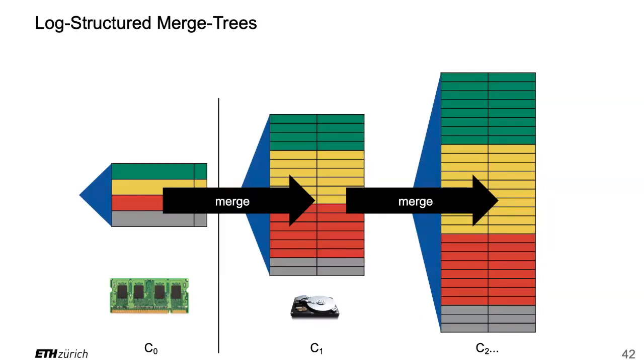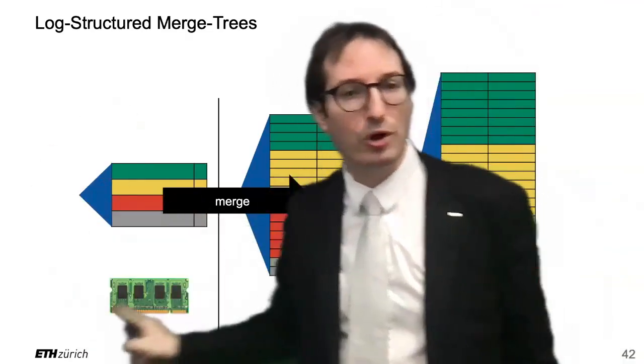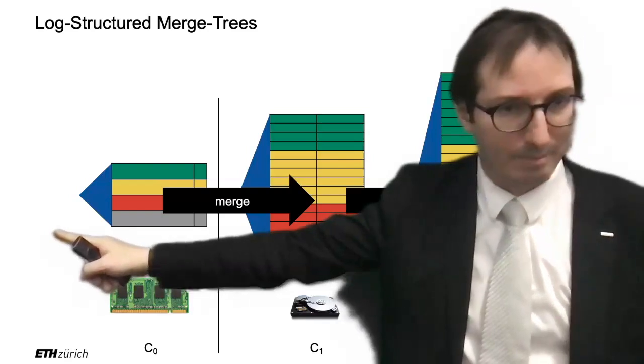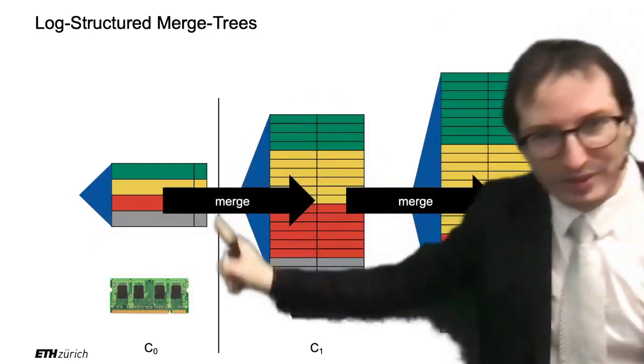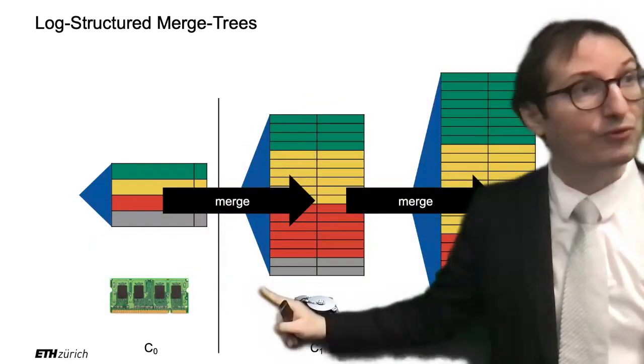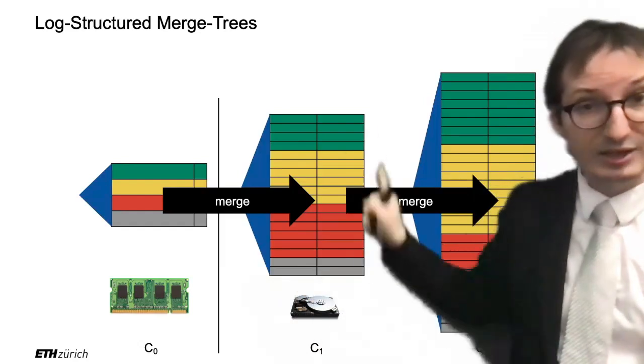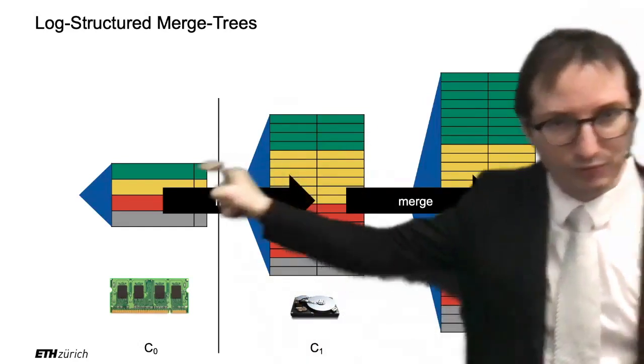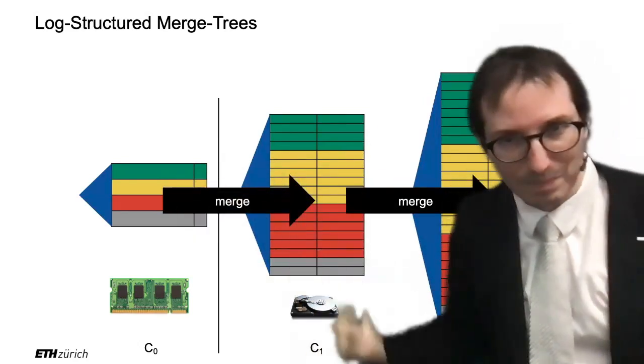Log-structured merge tree. So the idea of a log-structured merge tree is that you have multiple levels of data storage. The top level is the actual working memory. That's the MemStore. The next level is what you have flushed to HDFS, right? So that's what got flushed from the memory, level 1.